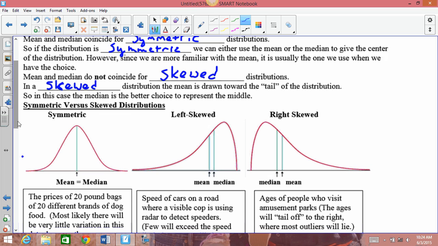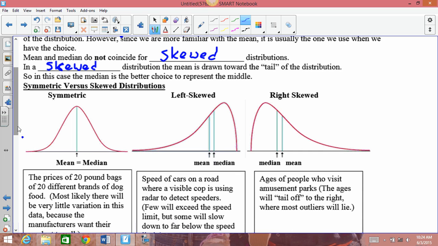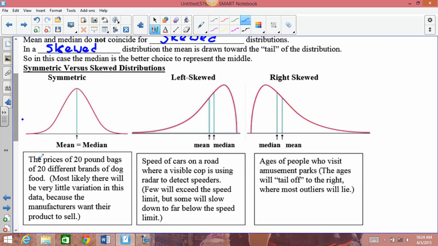Some examples. Symmetric: price of 20-pound bags of 20 different brands of dog food. Most likely there's going to be very little variation in the prices, because manufacturers want to sell their product, and if they're not competitive, they're not going to be selling that product. So the mean and the median price are probably going to be very similar.